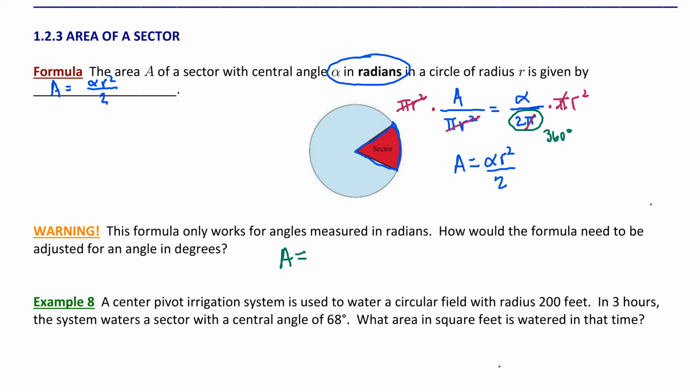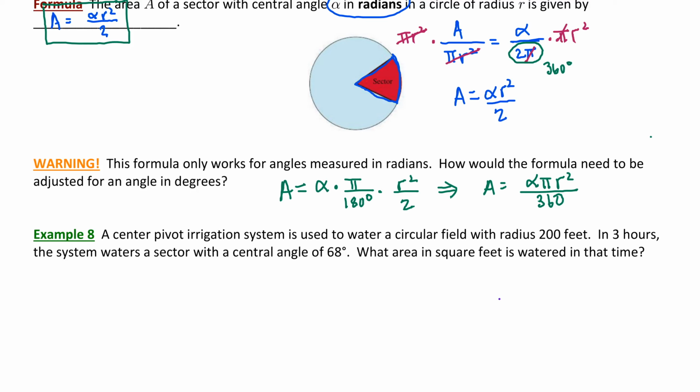So to adjust this formula to fit an angle given in degrees, we would have to take that angle in degrees and convert it to radians by multiplying by pi over 180 and then multiplying by the r squared over 2. This would yield the formula A equals alpha pi r squared divided by 360. So the formula is much simpler when the angle is given in radians.